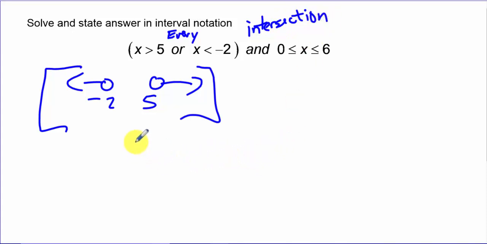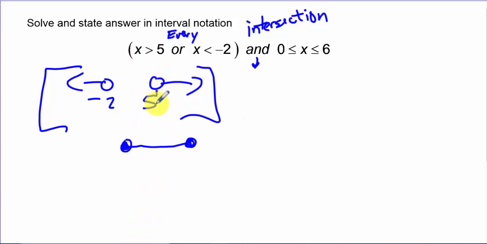So in the same kind of area as this guy, I'm going to pop a 0 in here and a 6 in here. Fill both of them in and connect the dots, because those are the values between those. Now, because the and tells us to intersect these two graphs, I'm just going to see where they overlap.